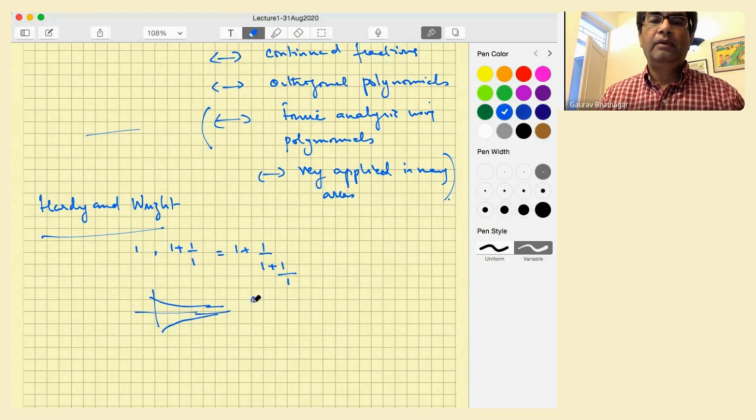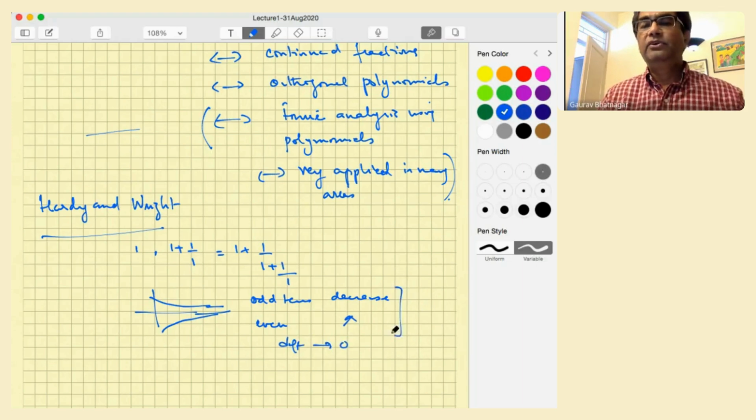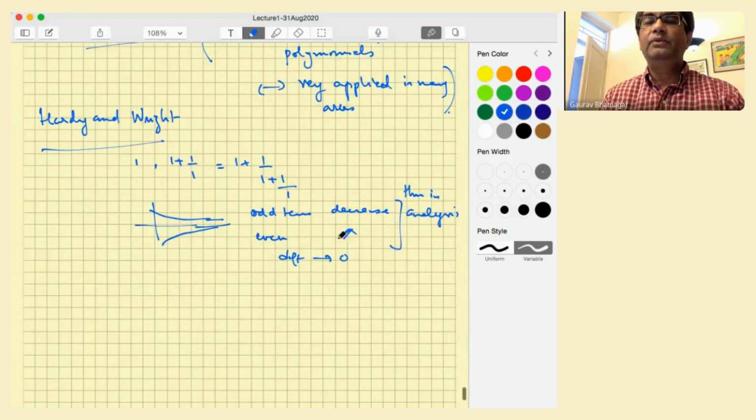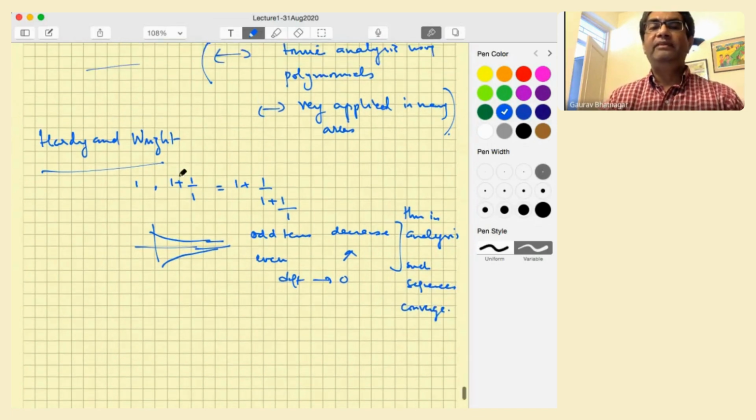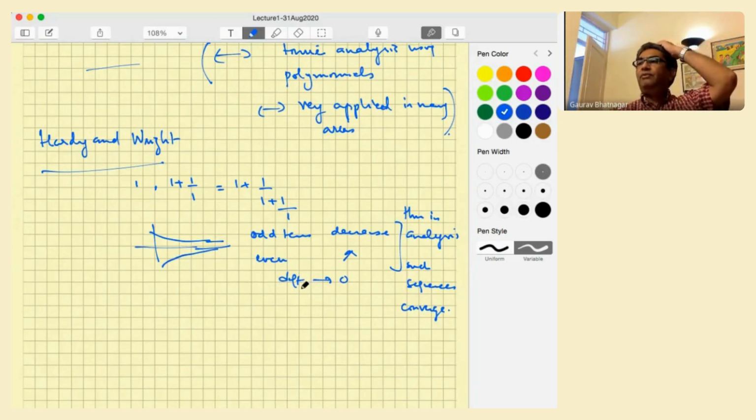So odd terms decrease, even terms increase, and the difference becomes 0. So this is a theorem in classical analysis, in real analysis, that such sequences converge. And you wonder where they came from. They came from this kind of example. They came from continued fractions.